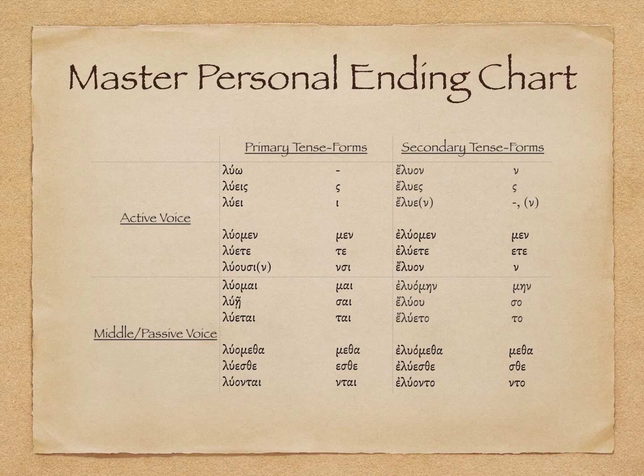The endings are: n, s, or the third singular, nothing, or the nu, followed by men, te, n. So with the connecting vowel, on, es, e(n), omen, ete, on. And then in the middle passive, omēn, ou, eto, ometha, esthe, onto. The sigma will drop out because of the connecting vowel; the omicron and the epsilon contract to ou.